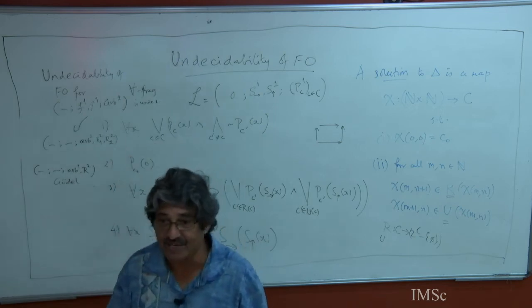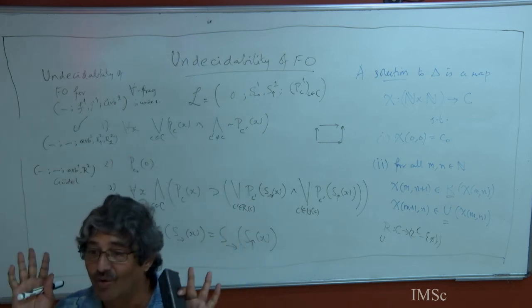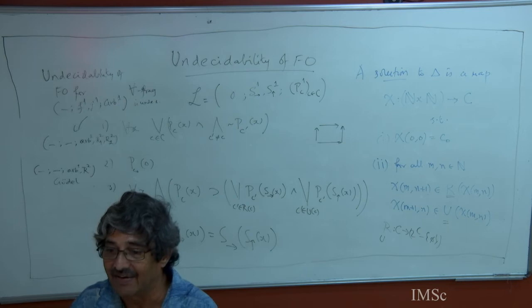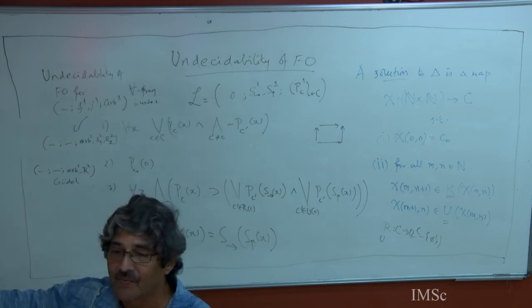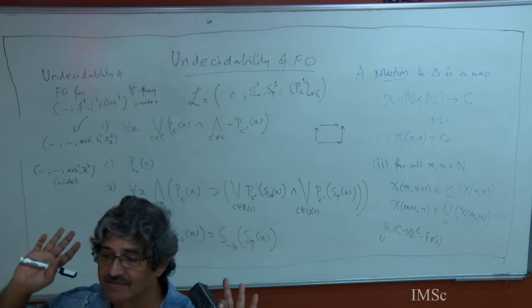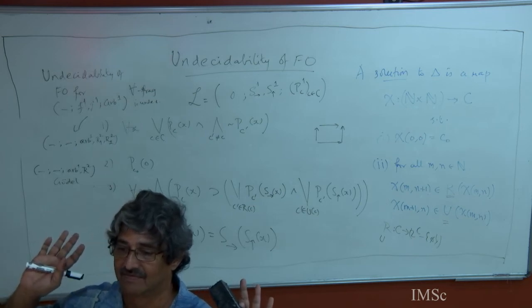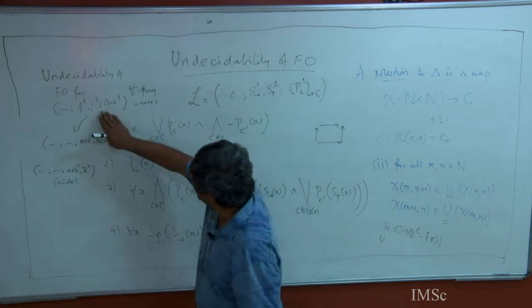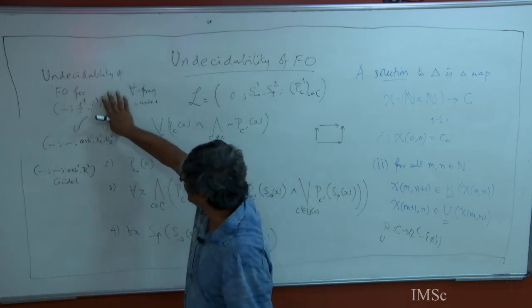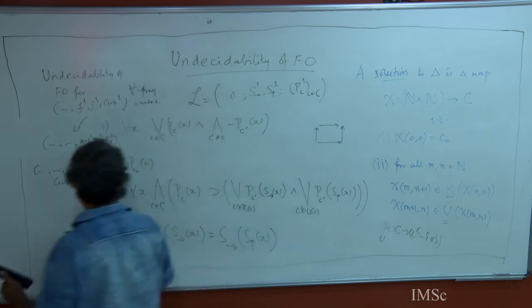What do I mean by universal fragment? Not all formulas, only formulas which have a string of universal quantifiers followed by a quantifier free formula. That's all. Gurevich in 1976 brought this down to get rid of even this. So Gurevich, 1976.